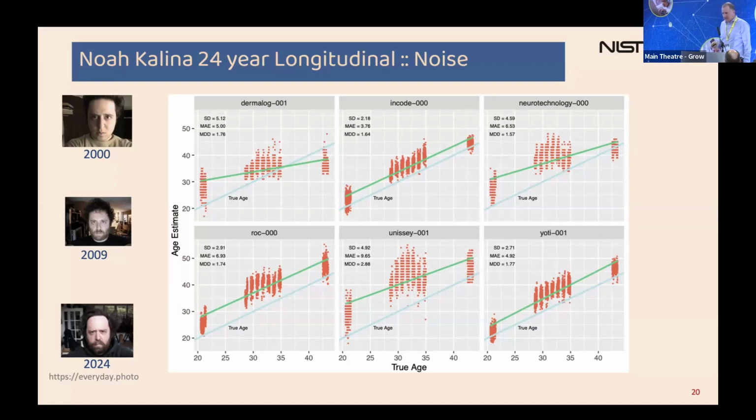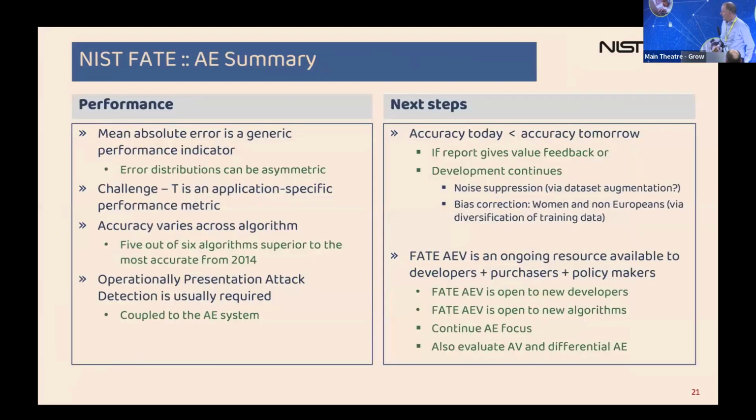But the noise is probably a performance indicator. One of the variables listed in the 27566 standard is standard deviation, which is just the spread around the estimated mean. The estimated mean can be wrong. The standard deviation tells you what the noise is around that mean. It's not particularly a good metric, but it does quantify noise. So yeah, that's the Noah Kalina story.